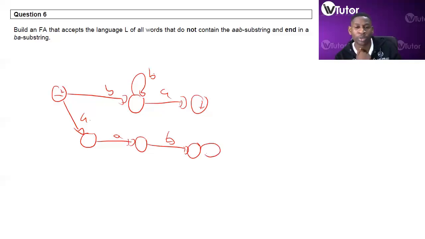Once you have an AAB, go to a looping state, A or B. Then if you have BA there, and then B, A, you've got B over there.